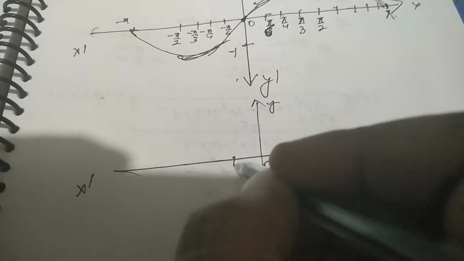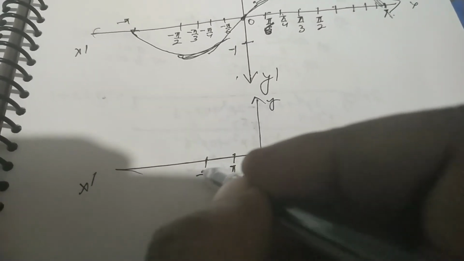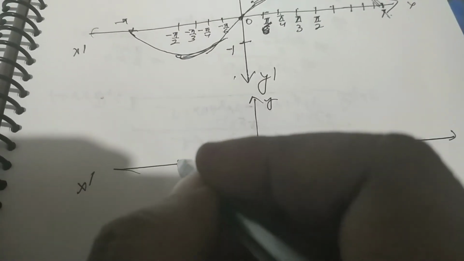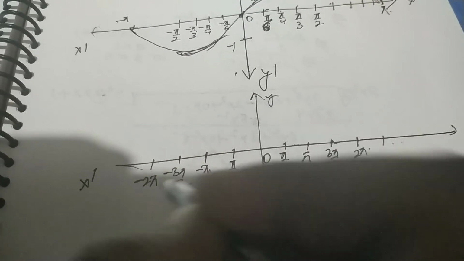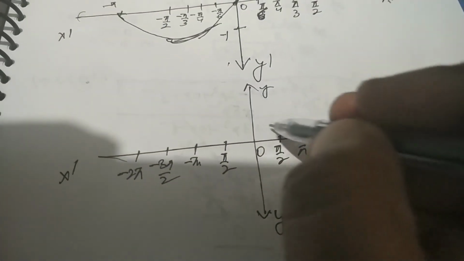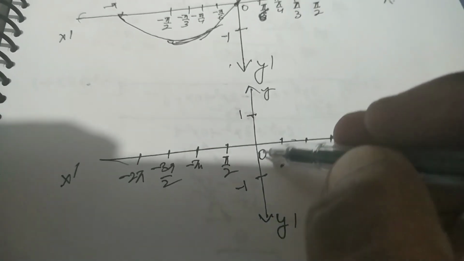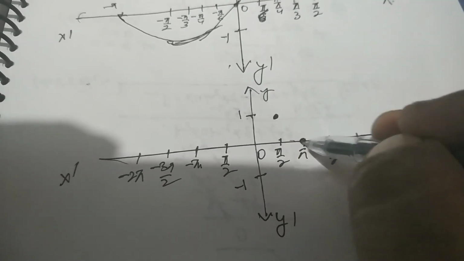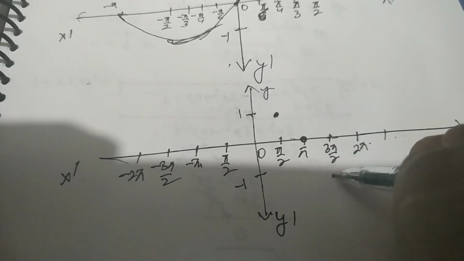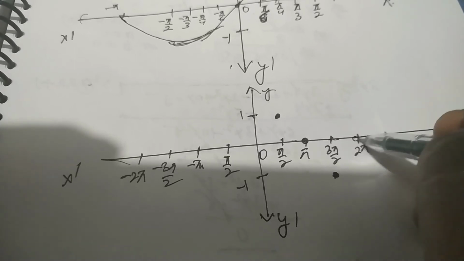Now this is 1, this is minus 1. Sin 0 is 0, at π by 2 it is 1, at π it is 0, at 3π by 2 it is minus 1, and at 2π it is 0.